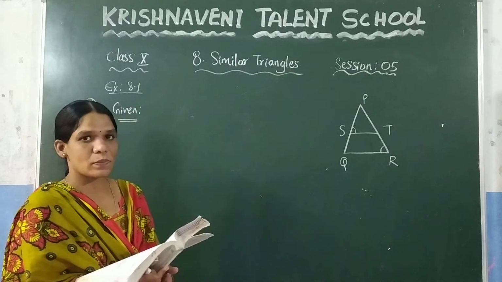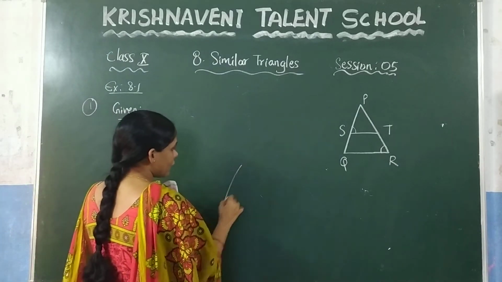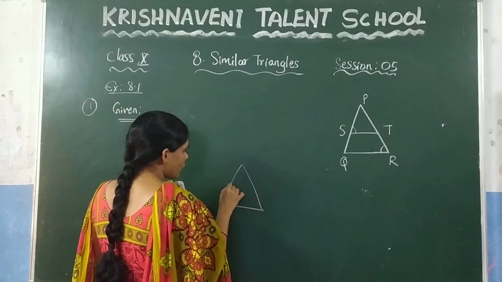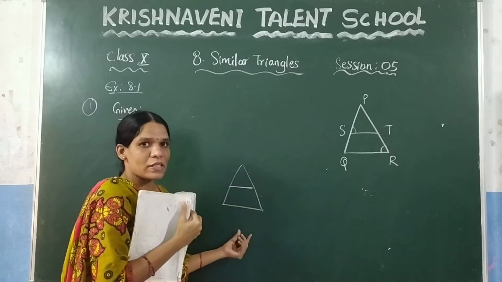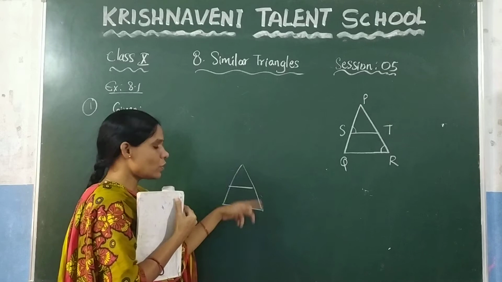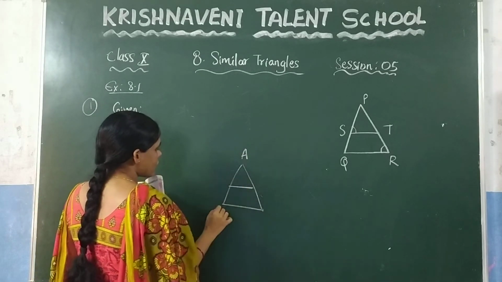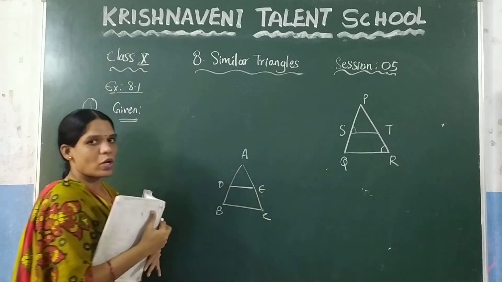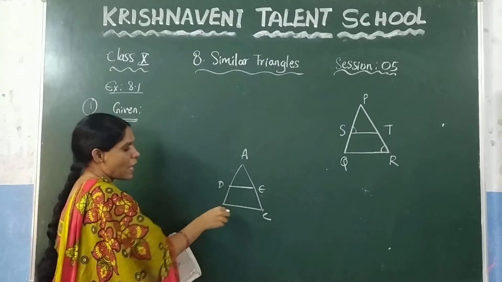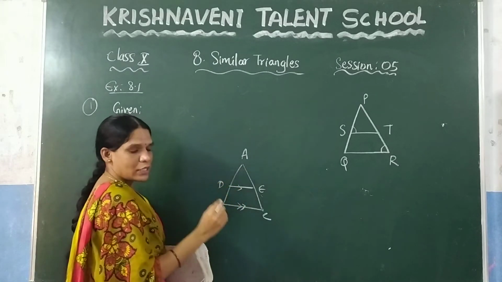So what does the basic proportionality theorem say? If you consider any triangle and a line is parallel to one side of the triangle, then the other two sides are divided in the same ratio. Let us consider this triangle as ABC and name the line DE.